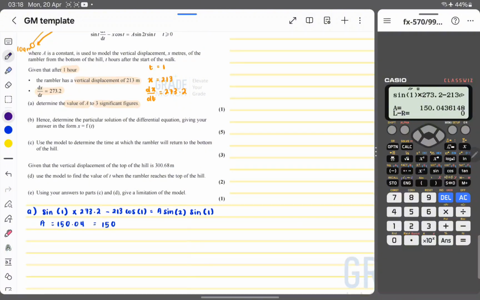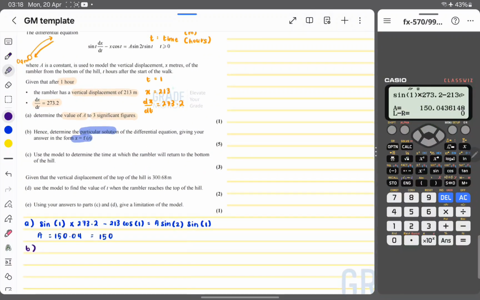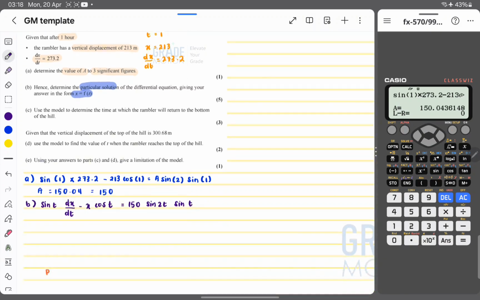For B, hence determine the particular solution of this differential equation giving x in this form. Okay, let's write down our differential equation: sin t dx/dt minus x cos t equal to 150 sin 2t sin t. Now we have our DE.